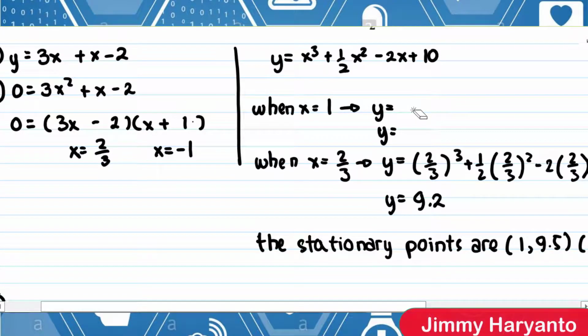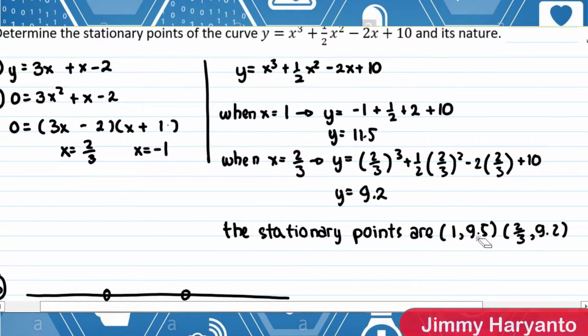So it should be -1, and then plus half, then plus 2, and then plus 10. So it will be 12 minus half, 11.5. Okay, so this one is 11.5.